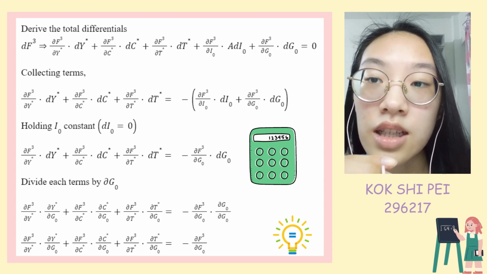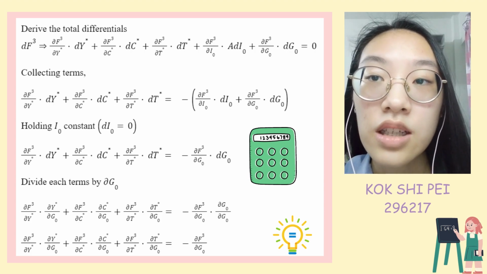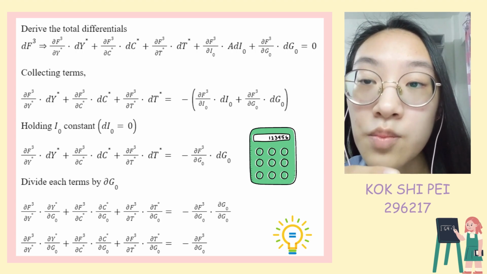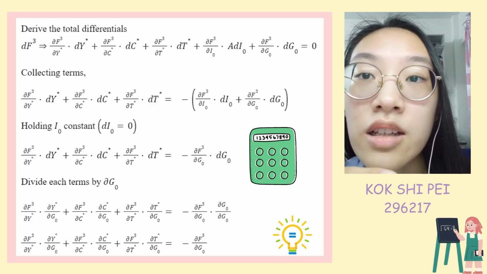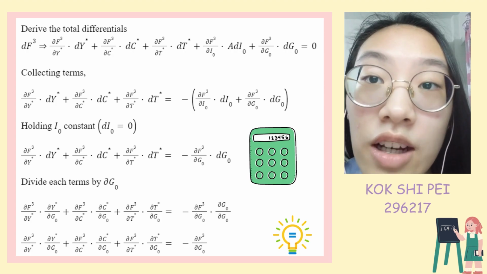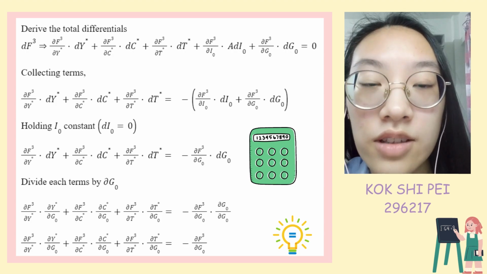And we collect terms, holding I0 constant, and divide each term by ∂g0, and we will get the answer: negative ∂f³/∂g0.